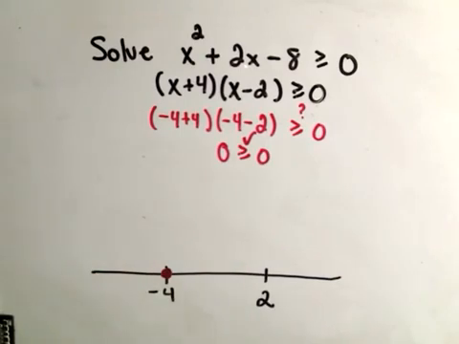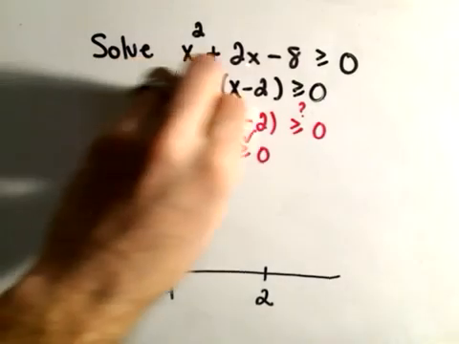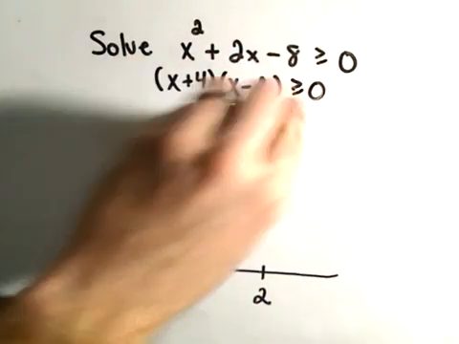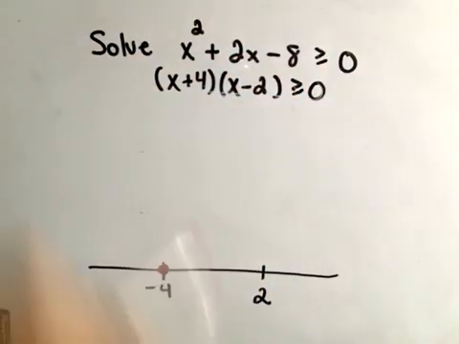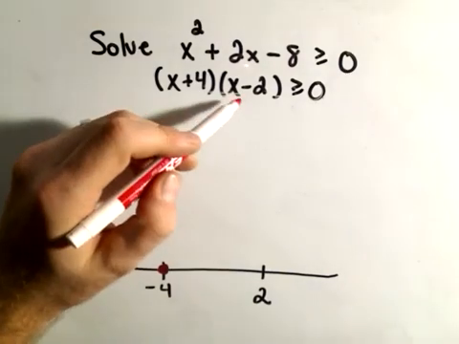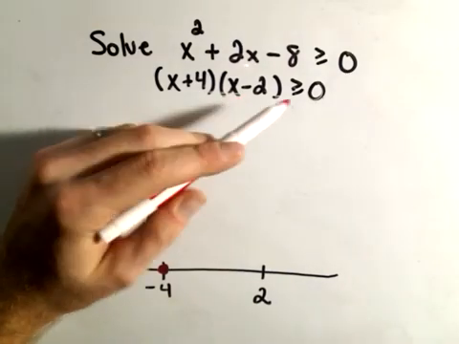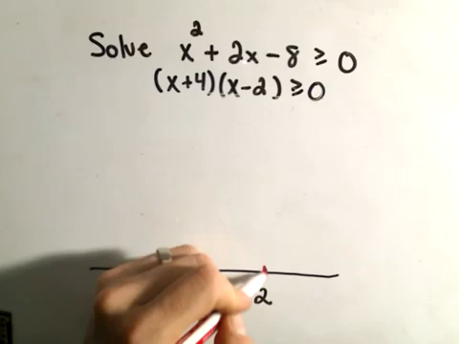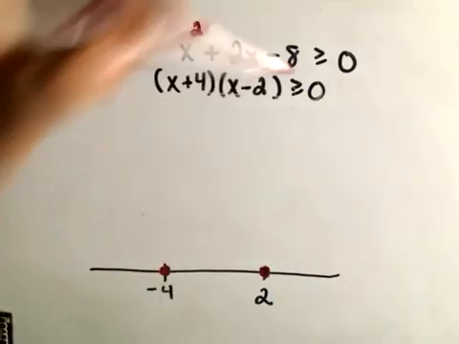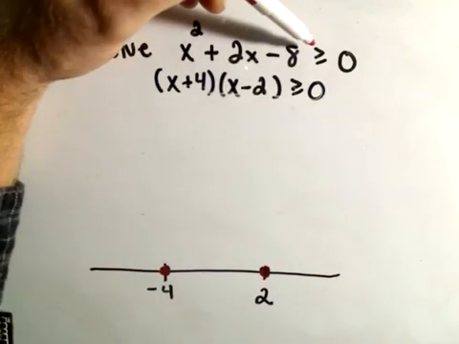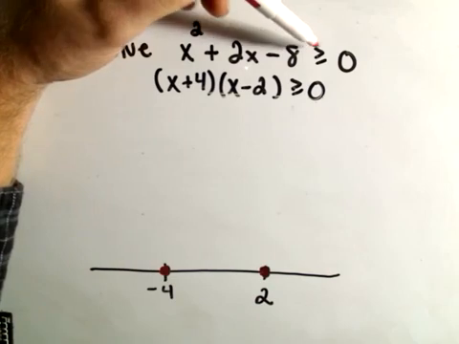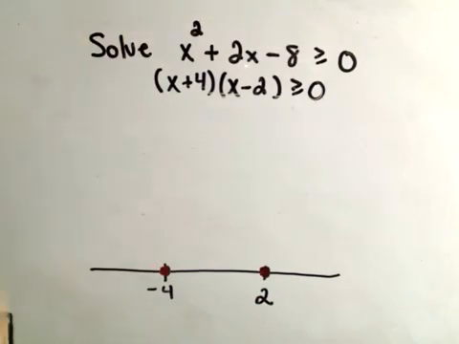The same thing, if you plug in 2, from what we did at the beginning, we basically figured out what values give you 0. If you plug 2 in, we're going to get 0 out, and again, 0 is greater than or equal to 0. So if your inequality is greater than or equal to or less than or equal to, the solutions will always work, because those are the things in particular that give you 0.